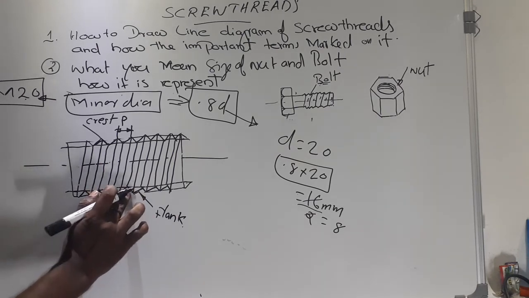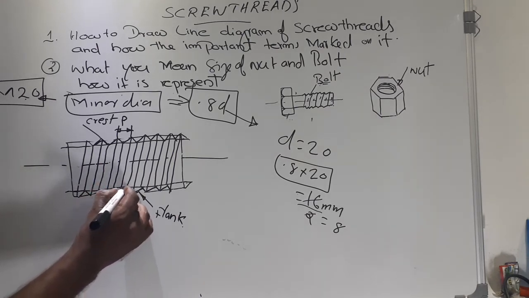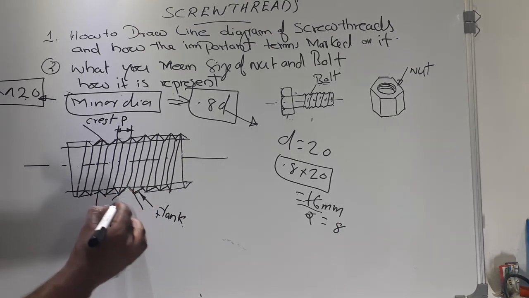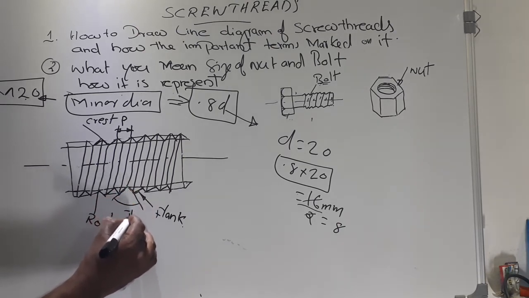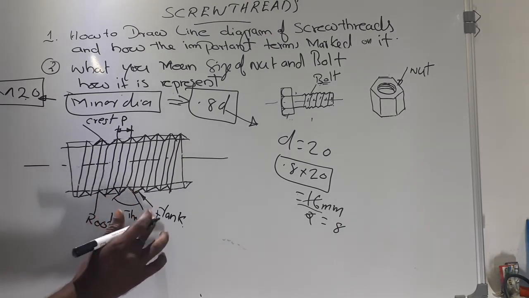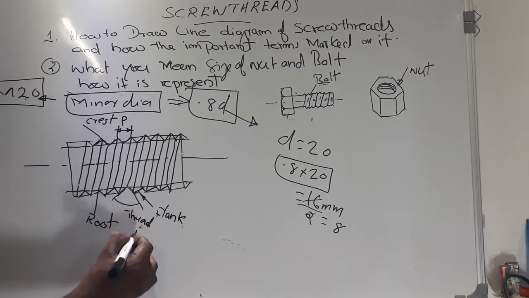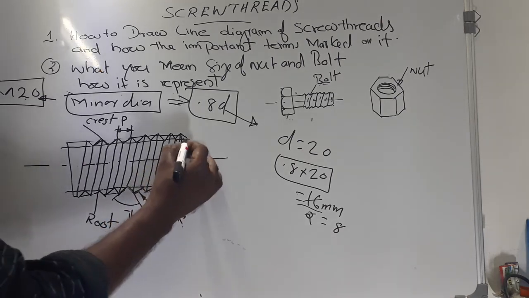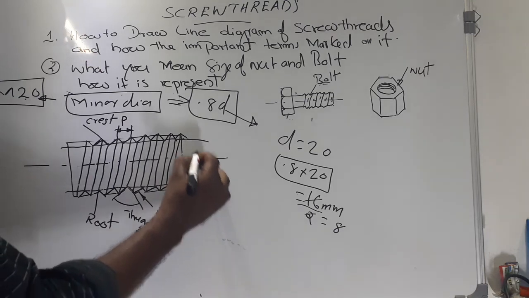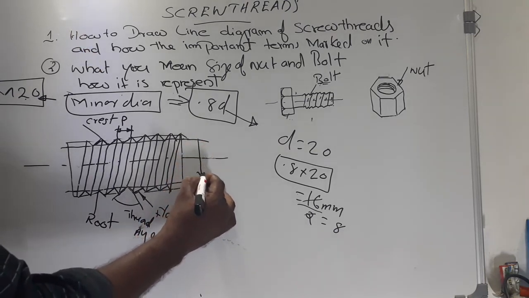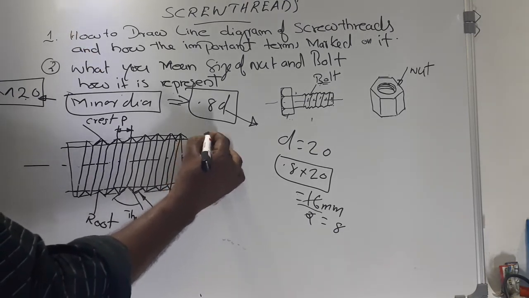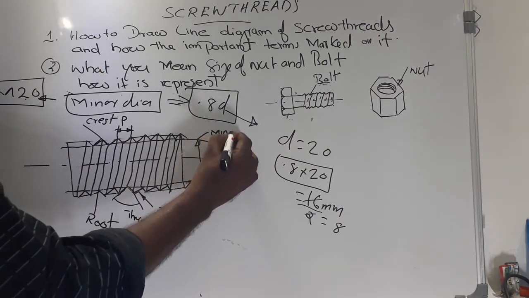Next, this is the thread angle, and this one is the lowest diameter of the thread, called minor dia.